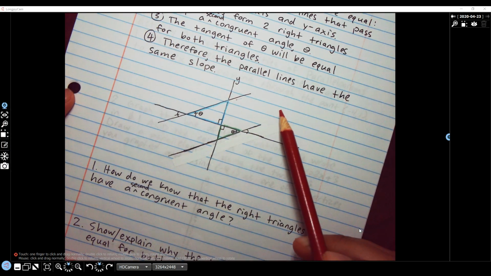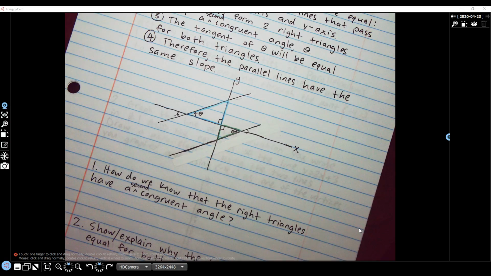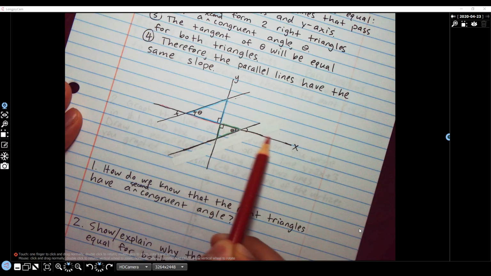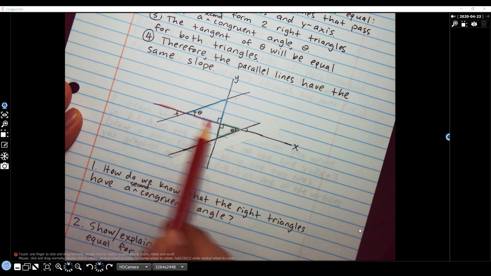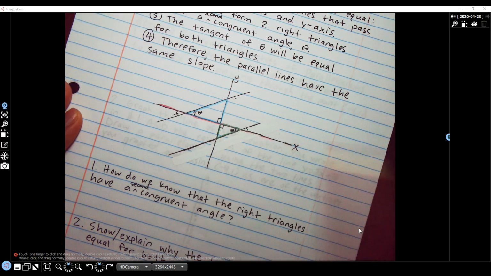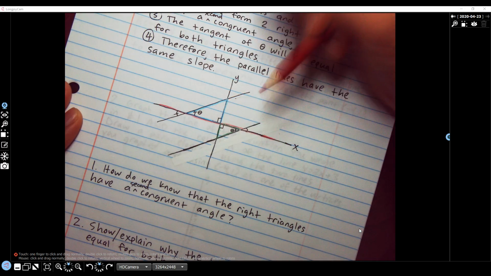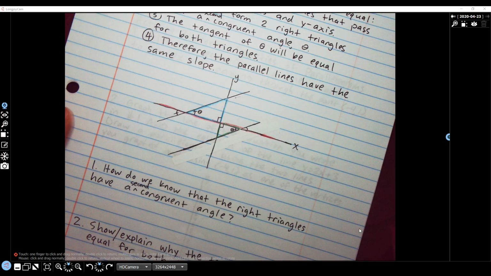And if you remember from the earlier parts of geometry, if two parallel lines are cut by a transversal, right? So we call a line that kind of cuts two parallel lines here a transversal. Then there are some angles that end up being congruent.